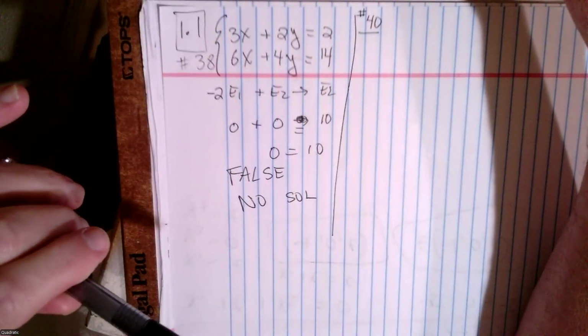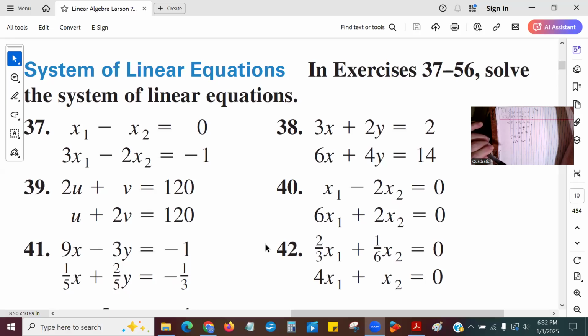So number 40, let's see if I can remember what that was. Okay. Number 40: x1 minus 2x2 equals 0, and 6x1 plus 2x2 equals 0.